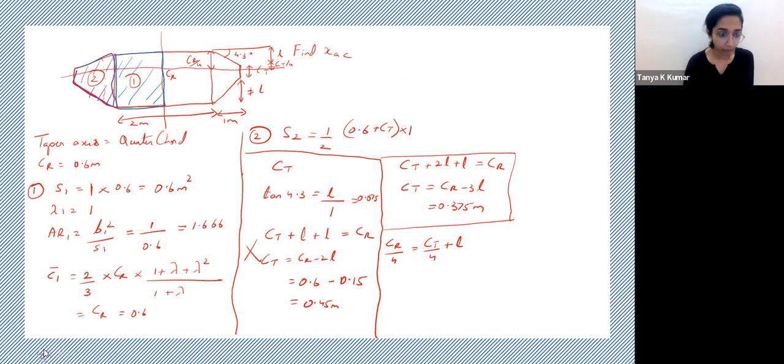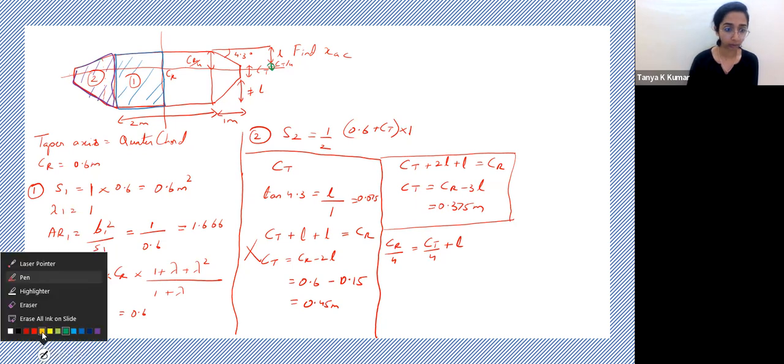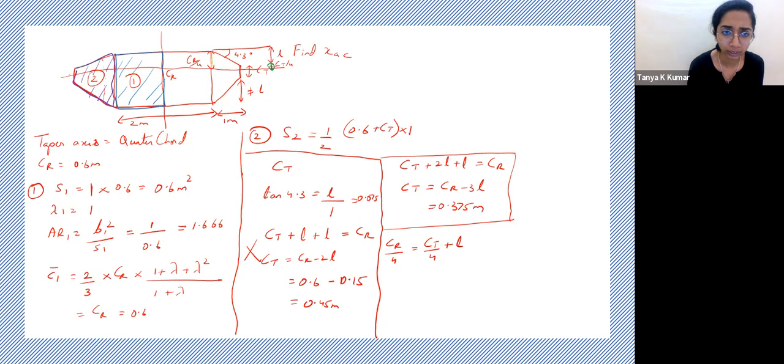Let's try writing it in a different color. This tiny distance is CT by 4 because it's tapering about that axis, and the quarter chord point at root is CR by 4.